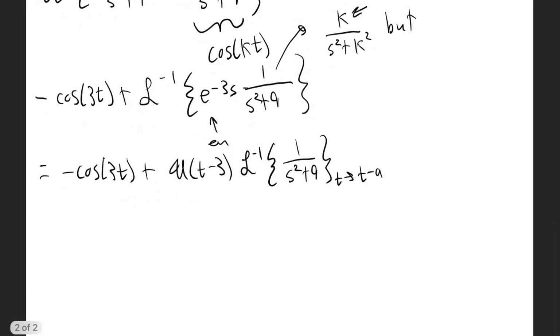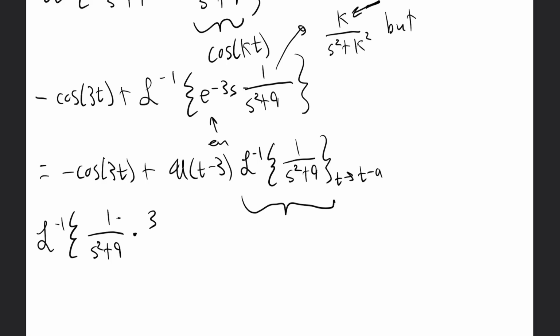And now this form, let's try and work with this thing a little bit. The inverse Laplace transform of 1 over s squared plus 9. So for this to resemble this form, we need k, the top term, to be equal to 3. So what we can do is multiply by a cleverly disguised 1, 3 over 3, then pull out 1/3. We're just pulling out the term we don't want in there.